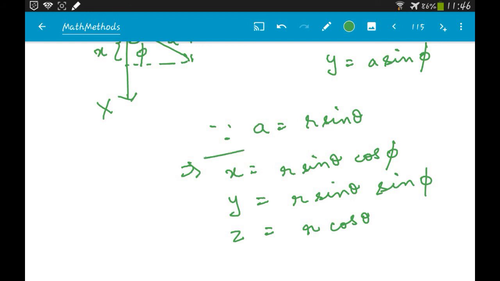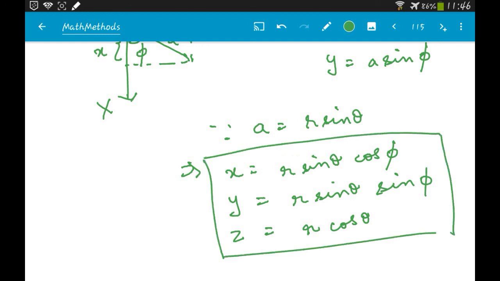So this is our spherical coordinate system. We are converting x, y, z to r, theta and phi.